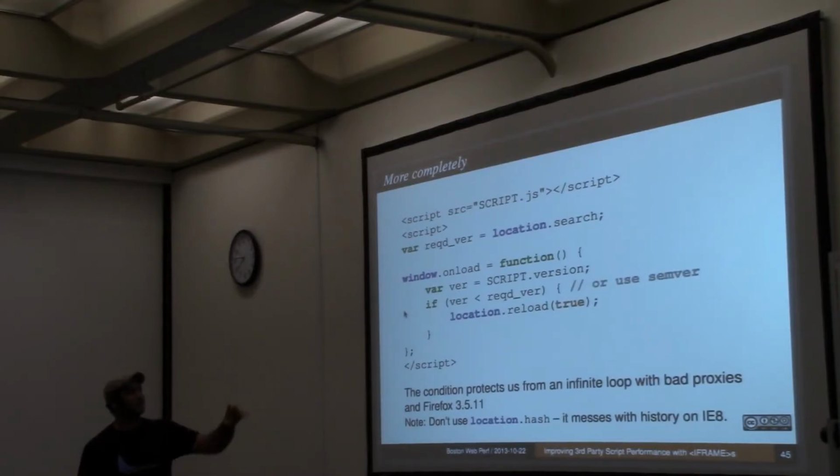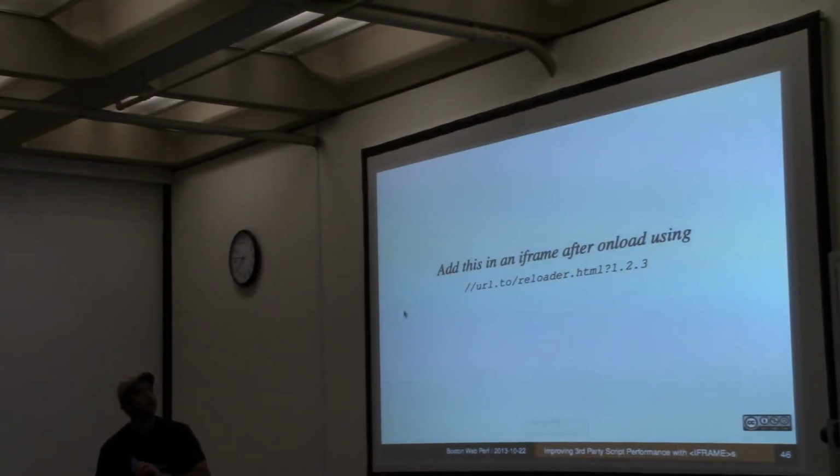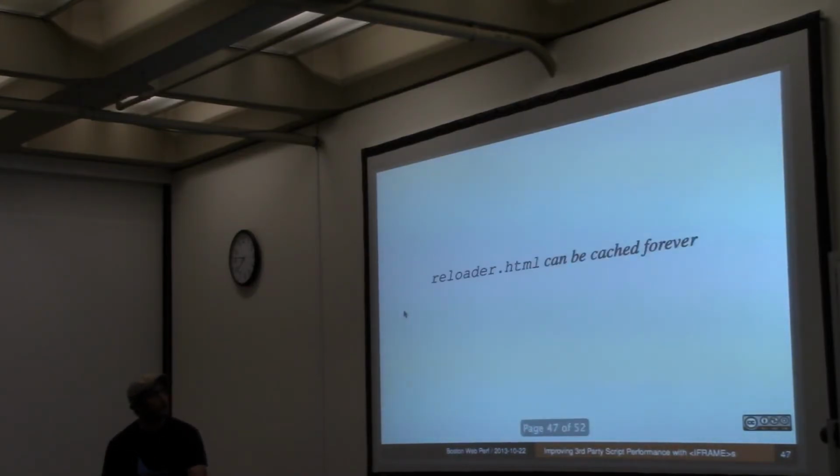So we stopped using location.hash and started using this version thing, which actually works much better, because if they already have the latest version, we just won't refresh it. And if they don't have the latest version, they'll go ahead and refresh it. So we load this into an iframe using something like reloaded.html?versionnumber, and that's it.